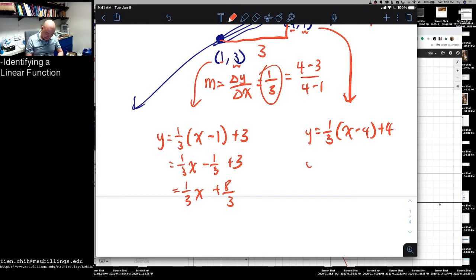On the right here, y is equal to 1/3 x minus 4/3 plus 4, which also simplifies to 1/3 x plus 8/3.